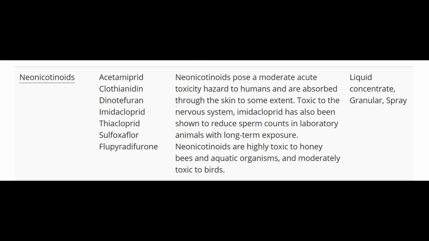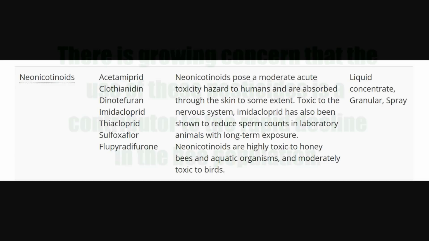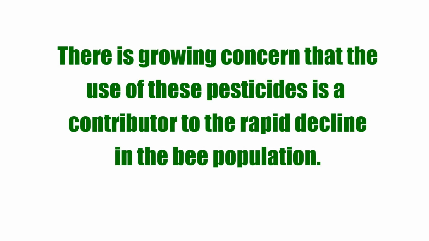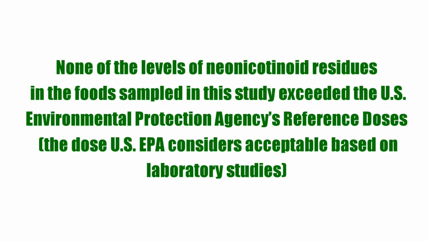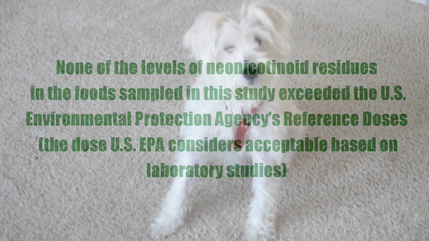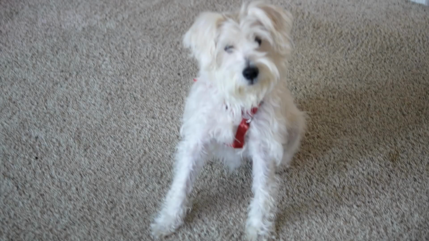Sometimes there are up to 5 different neonicotinoids in one plant. I also would like to note that none of the levels of the neonicotinoid residues exceeded the dose that the EPA considers acceptable.